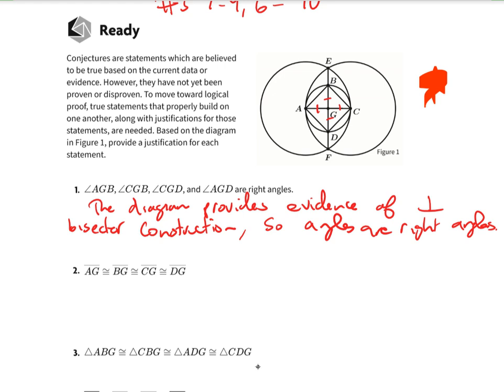And if we look at this circle here, if we have a circle G, these are all radii. So all radii are going to be the same. So that's pretty fair.